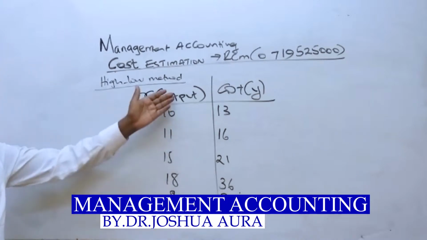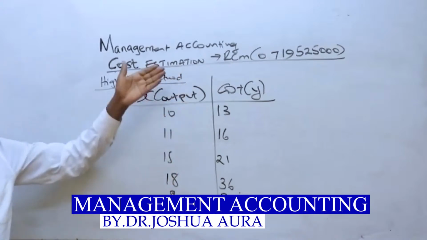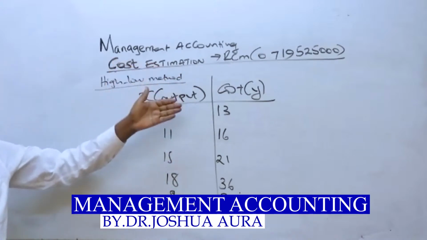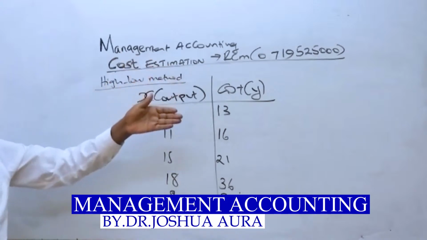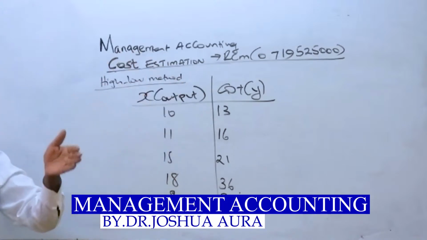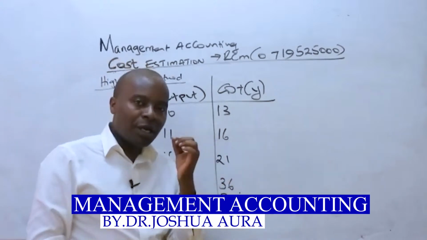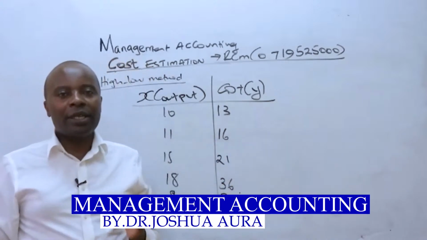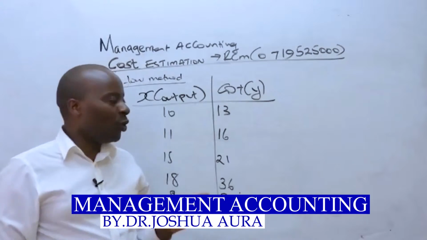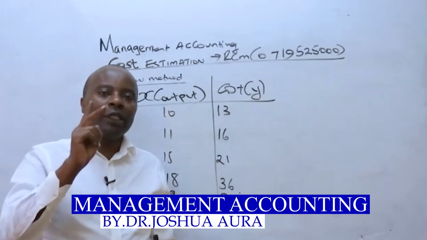If you're given this kind of information, and your examiner wants you to come up with a high-low equation for cost estimation, how will you do that? Ladies and gentlemen, I will recognize that we are not going to make use of all the points. We are only going to make use of 2 points.